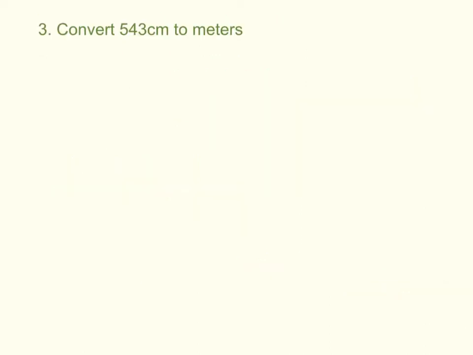Okay, so the next problem that I'm talking about is number 3. This one, you have to convert 543 centimeters to meters. So you need your conversion rate. The conversion from centimeters to meters is 100 centimeters to 1 meter. Then the next step is to write your conversion factor that you're going to use to multiply.